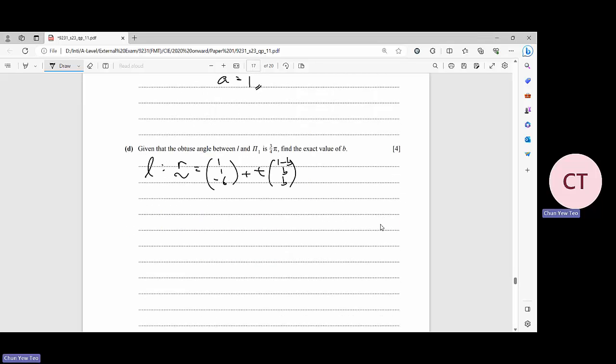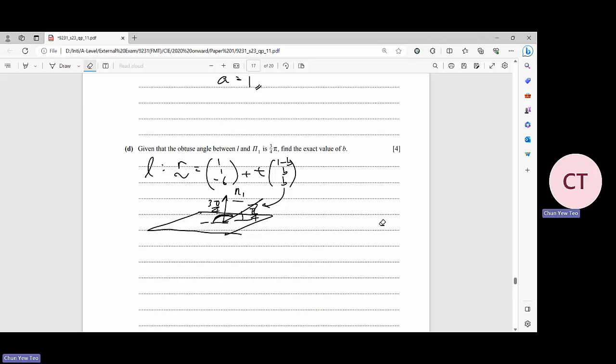Then they are telling you that we have the line looking like this. This is the directional vector and the normal vector for pi 1. Okay, so they are mentioning that this obtuse angle is actually 3 pi over 4. 3 pi over 4 means this is pi over 4.